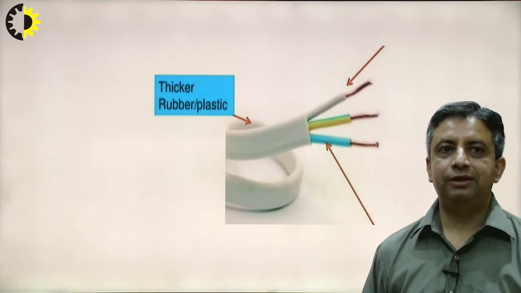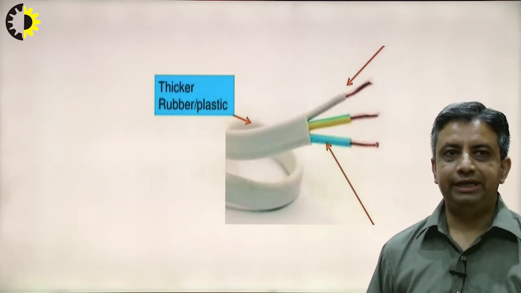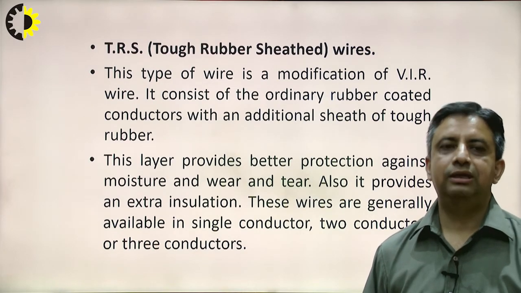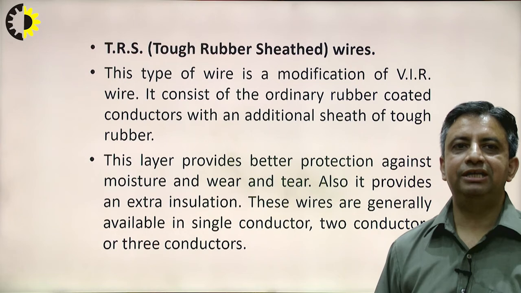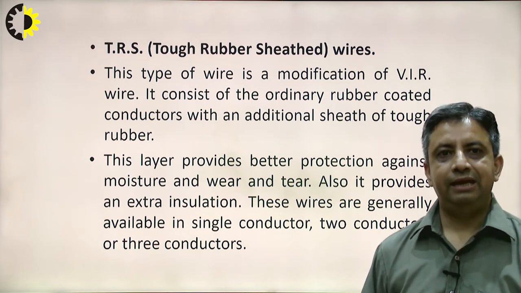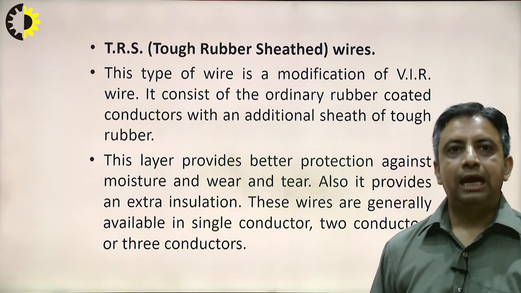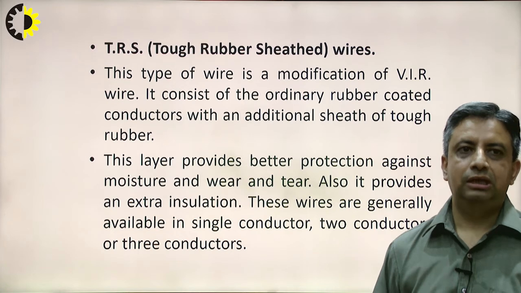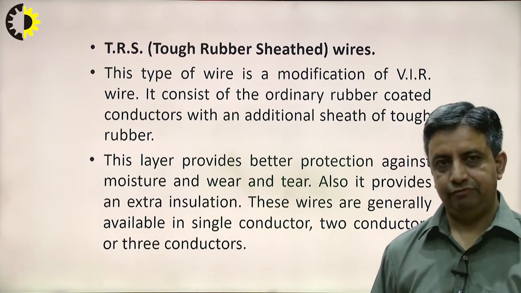This layer was quite tough, that's why it is called tough rubber sheathed. The additional advantage was that it protects the wire from wear and tear, so its life was more compared to the first one.